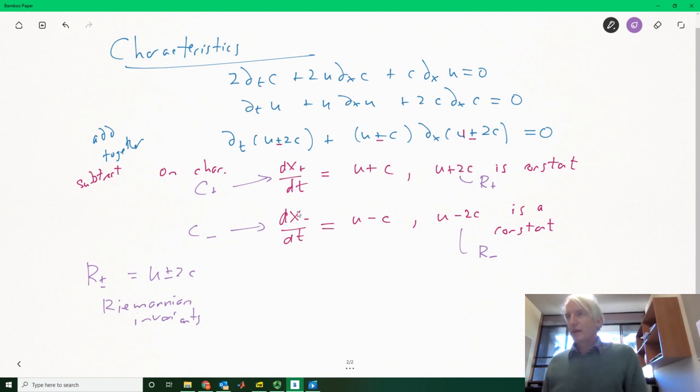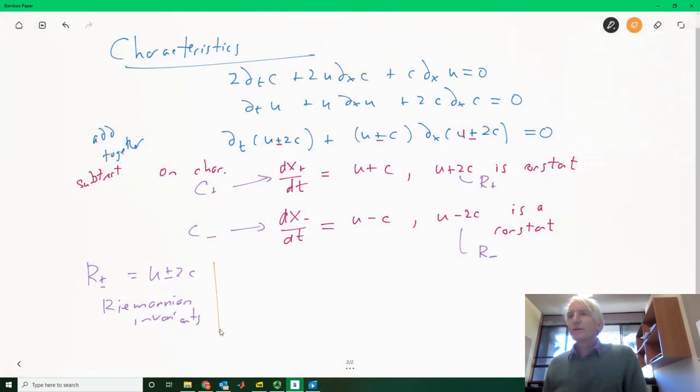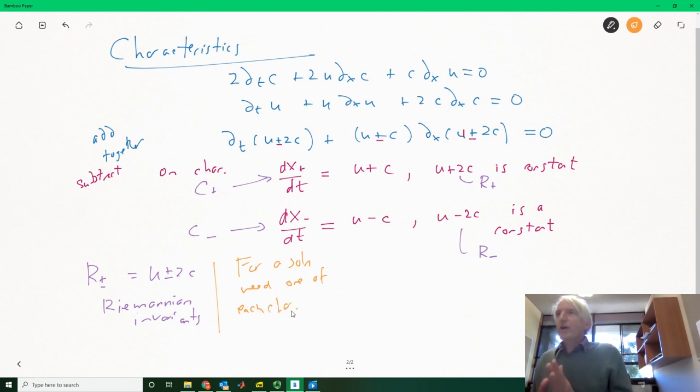So the curves are going to change dynamically in time, and of course they're going to cross and meet and form shock waves.